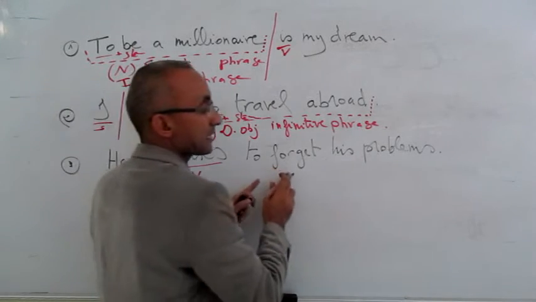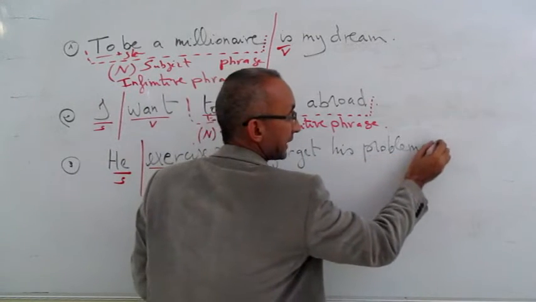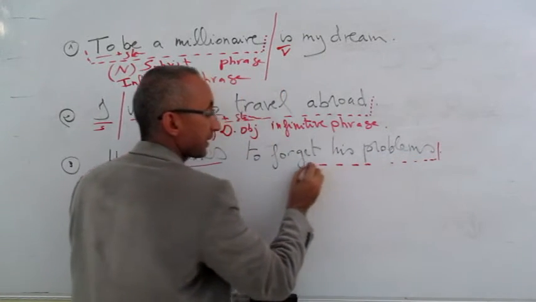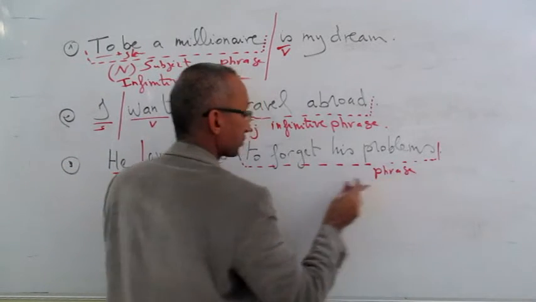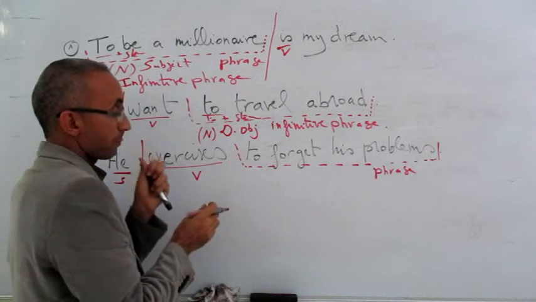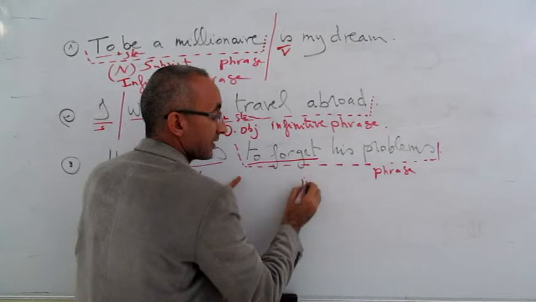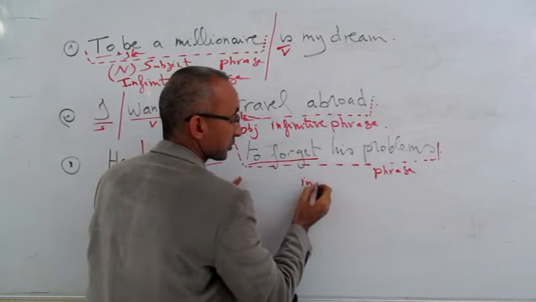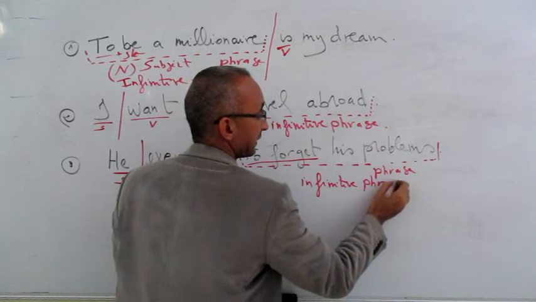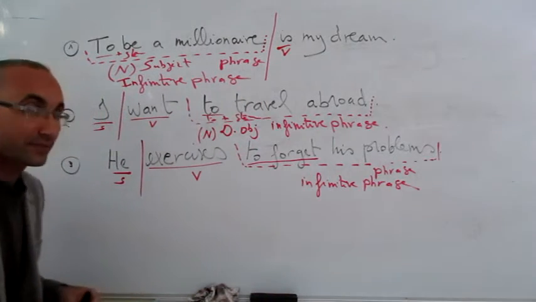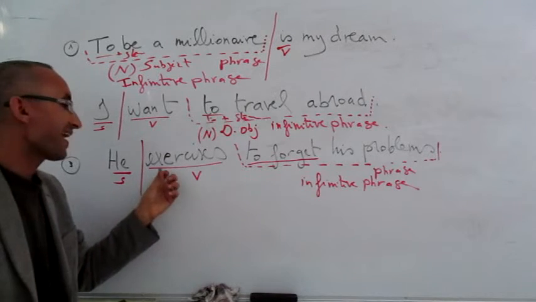He exercises to forget his problems. Here I have this phrase which starts with the infinitive "to forget", giving me the fourth type of phrase, which is the infinitive phrase.